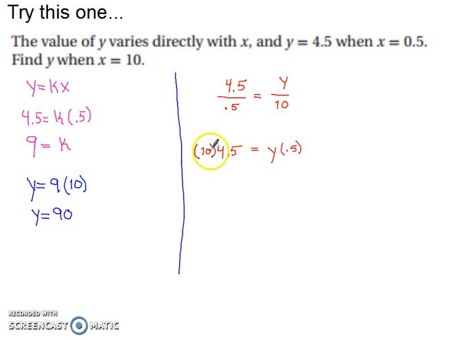Okay, so we have 4.5 times 10 equals y times 0.5. So 10 times 4.5 is 45, which equals y times 0.5. And then if we divide by 0.5 on both sides, we end up with 90 equals y. So either method you choose, you still come out with the same result in the end.